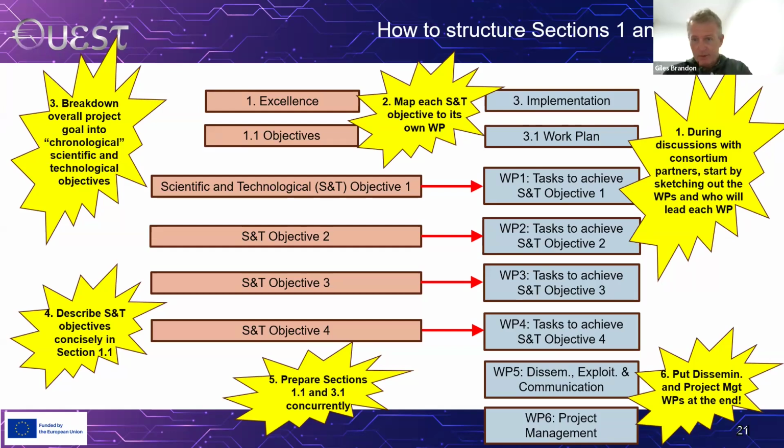So as I'm going through these starry things, I've gone through 1, 2, 3, 4 even, and dare I say, even around to number 5. So in parallel, I want these work package leaders to do both the work package description and their objective more or less in parallel to each other. And then things like writing about the project dissemination and project management, that's usually on my shoulders. That's a fairly trivial activity to do.